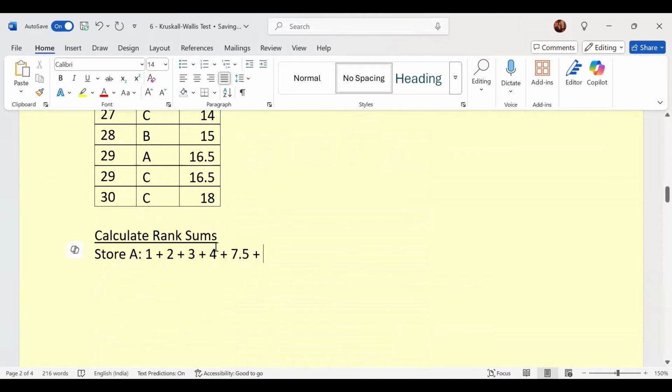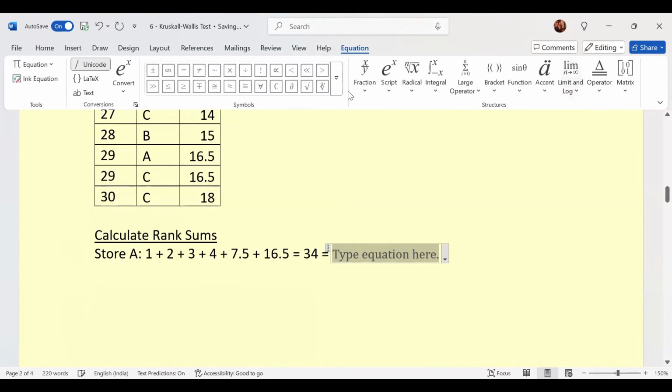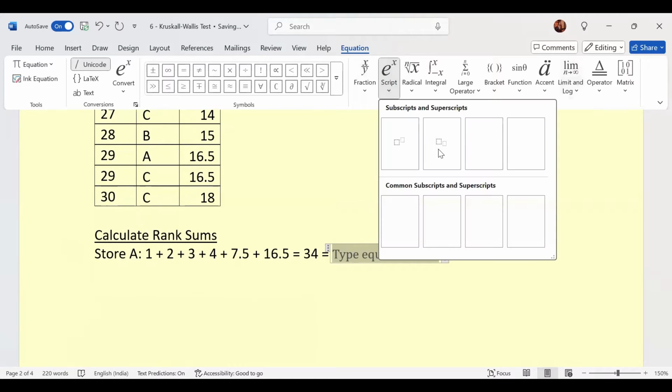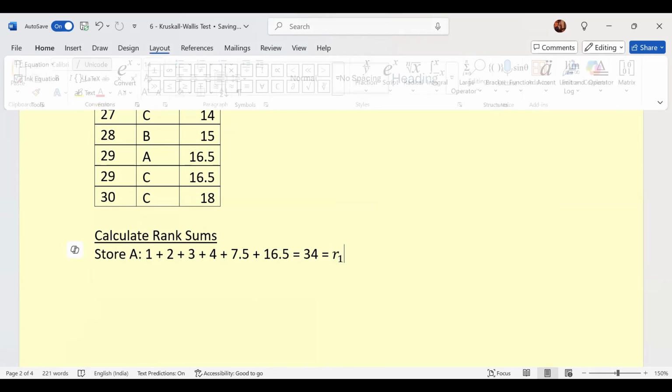Then we have 16.5. These are all related to A. Let me add that. If I add, I will get 34. We are going to call that R1.